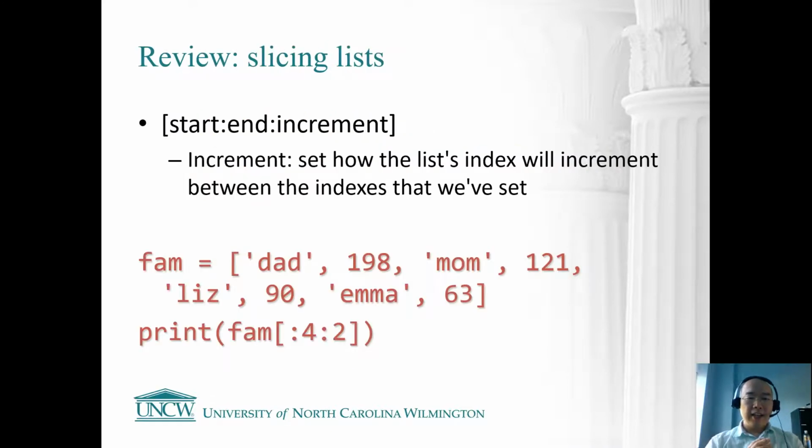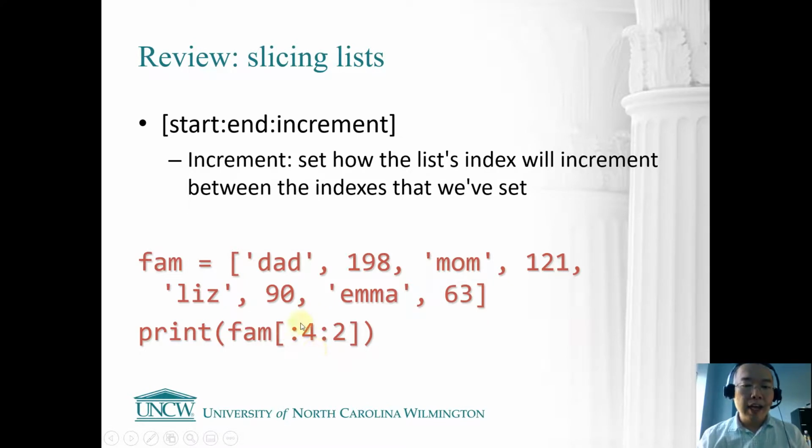Okay, and here's one more thing we want to talk about. Remember, we learned slicing. And for the slicing, we learned that in the list, the rule is we specify where to start, where to end, and then an increment, right? For example, this is the list we used when we learned the list, and we have the dad's weight, mom's weight, etc. If we want to do a slicing, we didn't specify the start, so it starts at the very beginning, including the first item.